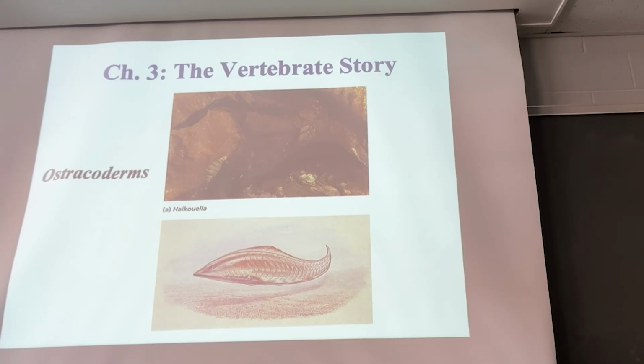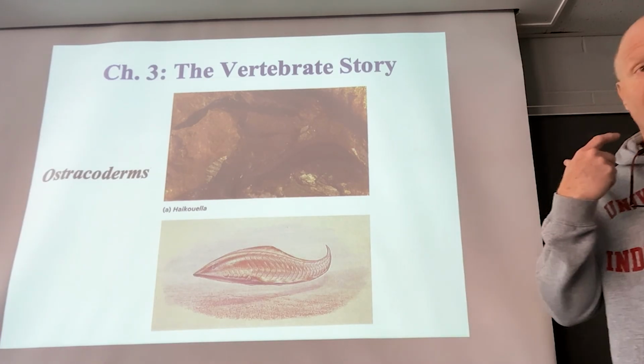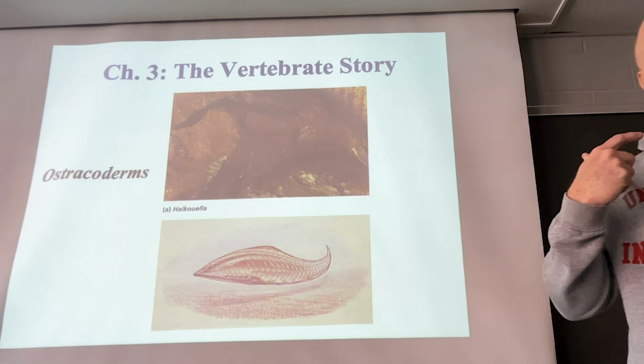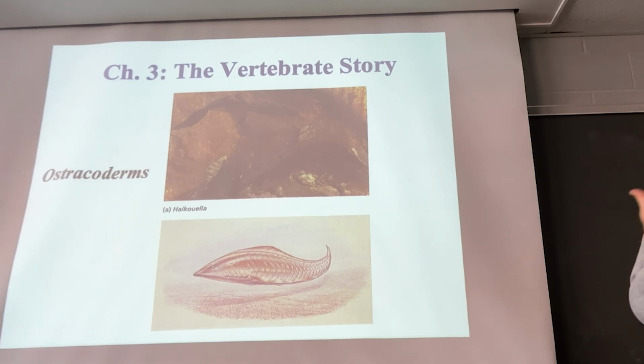And they are really, really diverse as far as what they look like throughout their evolutionary history. And they go extinct because of the invention of the jaw. When fish start developing jaws, they basically outcompeted or ate all of these cyclostomes. But there are a couple groups that made it to present day. They're called hagfish and lampreys, and we're going to talk about them a little bit. They're very unique and odd fish.